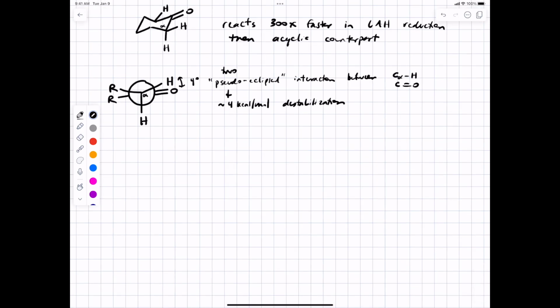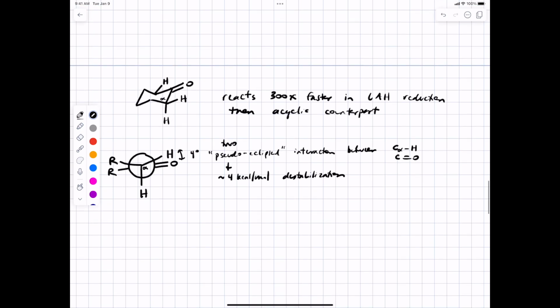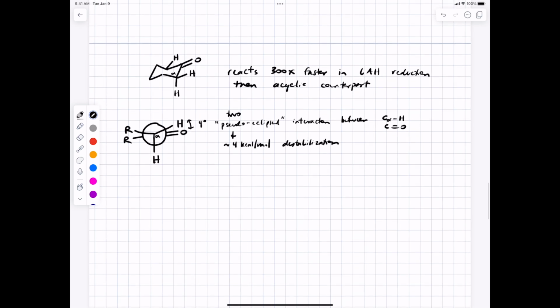So that's one thing to keep in mind for cyclic ketones, especially in six-membered rings, maybe cyclohexenones: you've got these pseudo-eclipsed interactions that get relieved when you do the reduction.